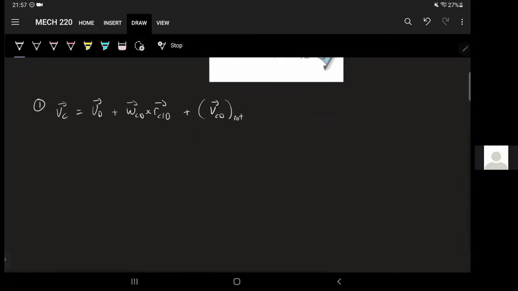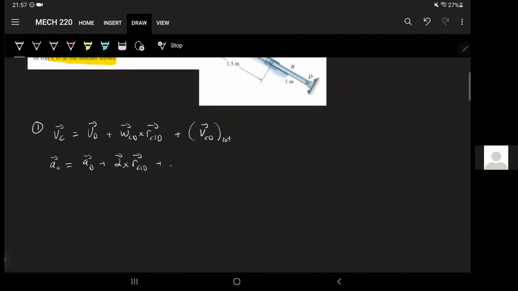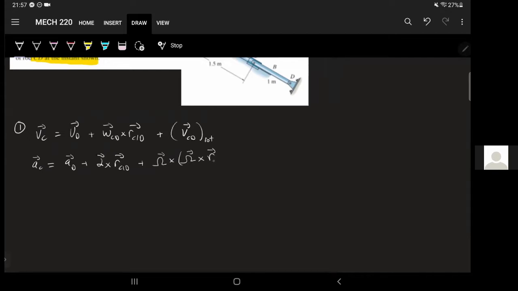And the other equation I'm going to be using is the acceleration one. Very similar: we have a C equals a D plus alpha cross r CD, plus omega cross omega cross r CD. I don't know if you guys have the same notation, but this is the same thing as omega, specifically the one from the rotating reference frame.